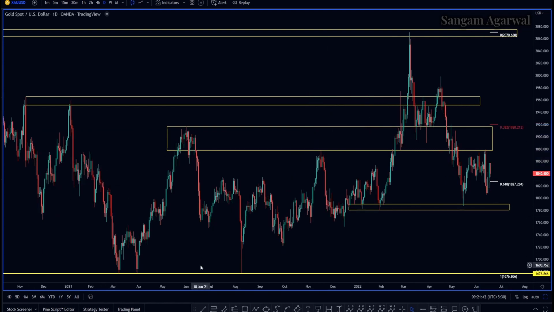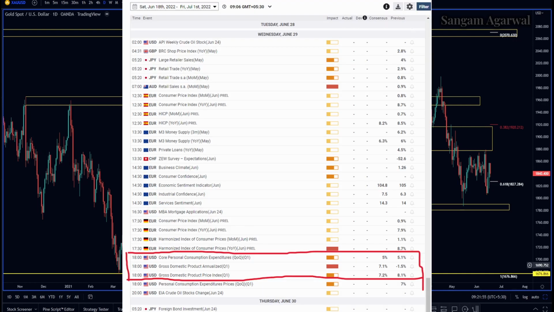Since this week there is no big economic data, only the Fed testimony, and now everything depends on next week's GDP and what will happen in the next FOMC meeting.